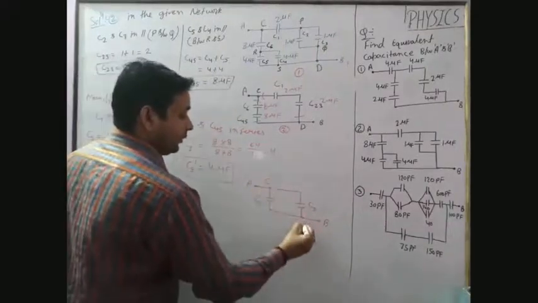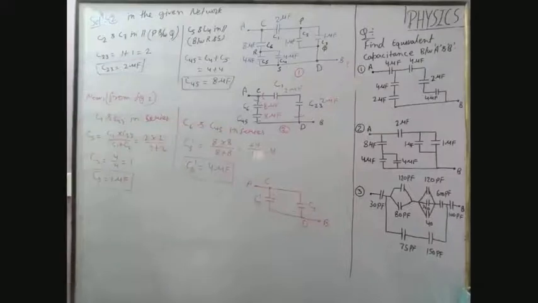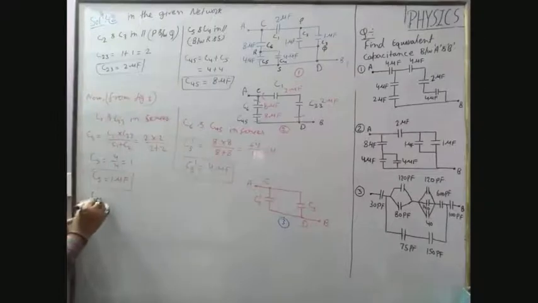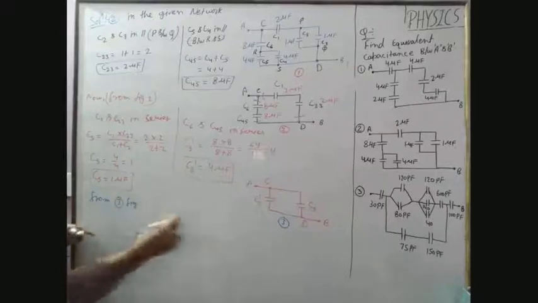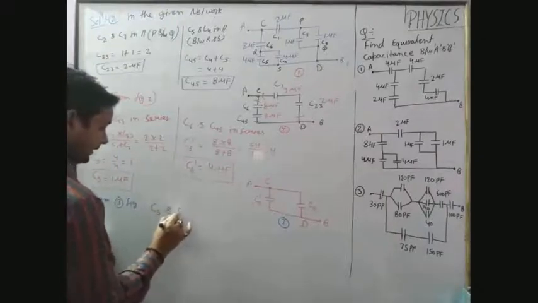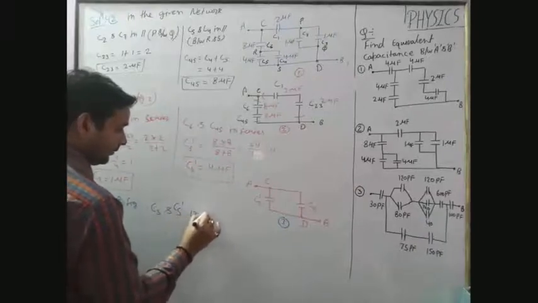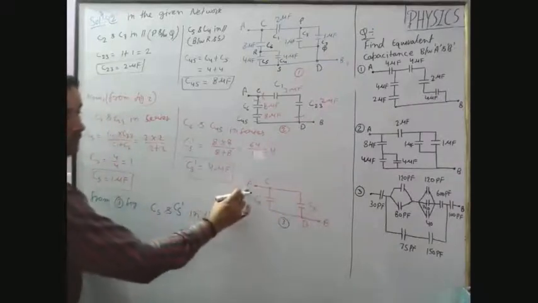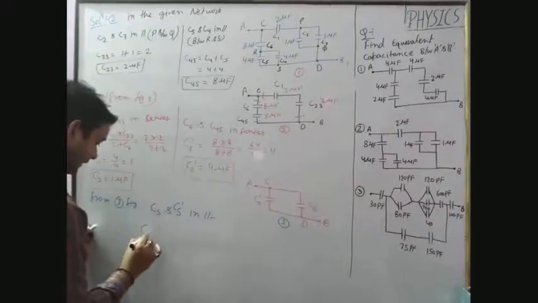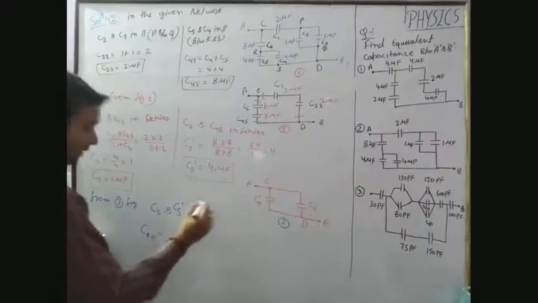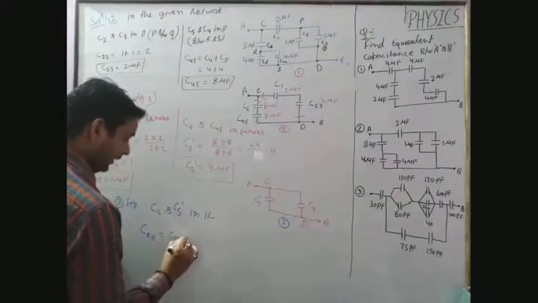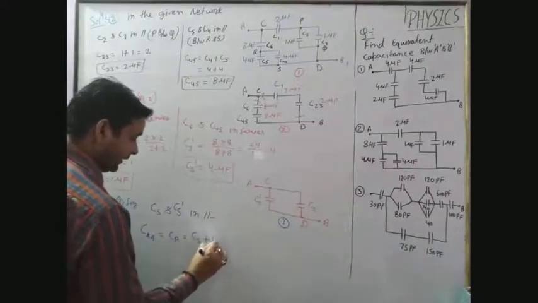Now from C to D we have this circuit left. This is third situation. Now from third figure, CS and CS dash in parallel combination, which is the final situation, that is CAB, which is equal to CP, that is CS plus CS dash.